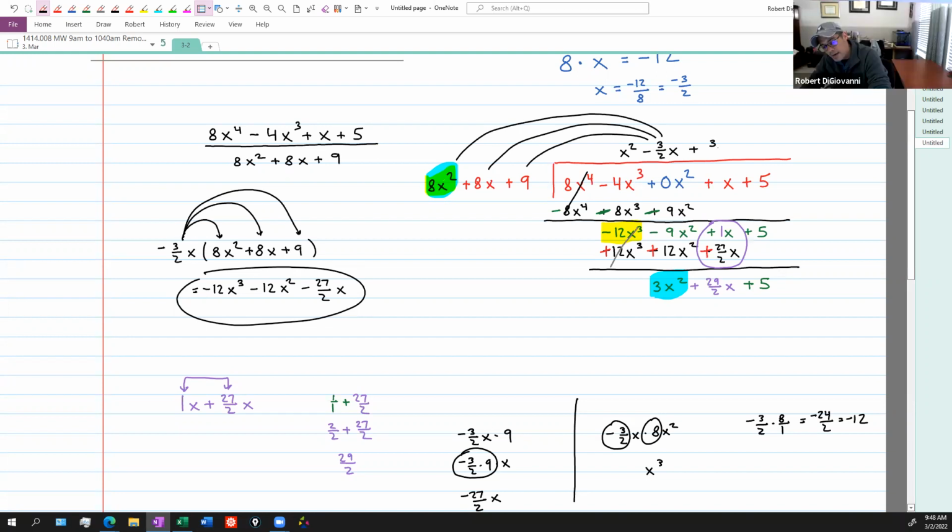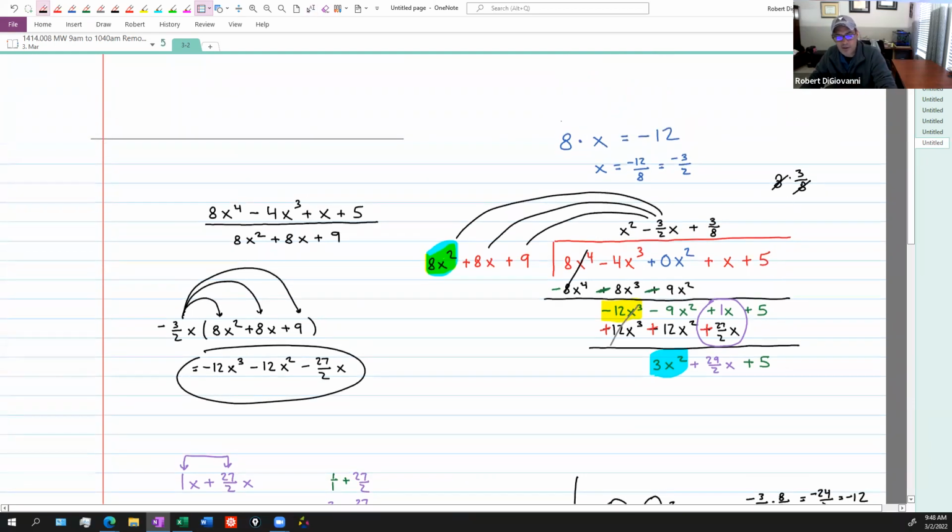Good. 3 over 8. Because you're trying to turn the 8 into a 3, right? The x squared is already here. So I just have to multiply the 8 times 3 and divide by 8. It'll cancel. We're doing 8 times 3 over 8. The 8's cancel and you just get a 3.